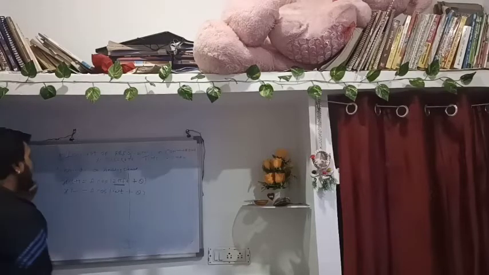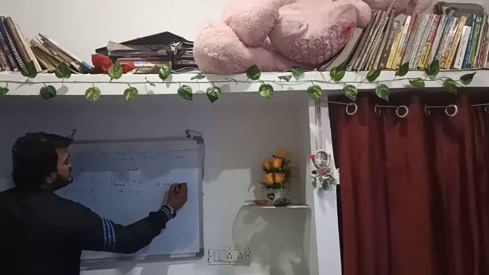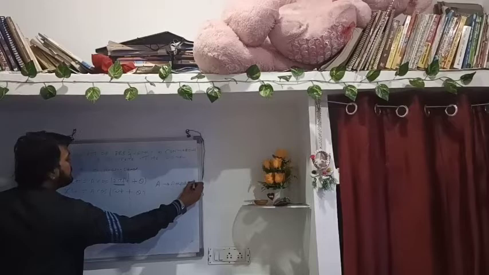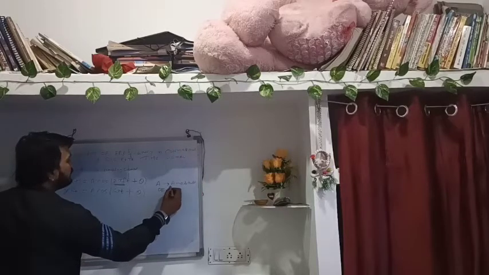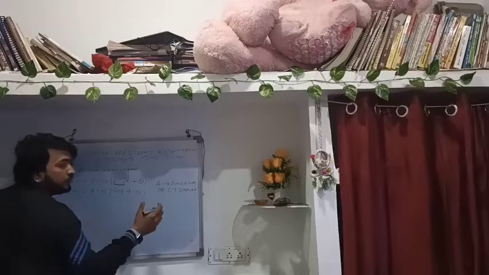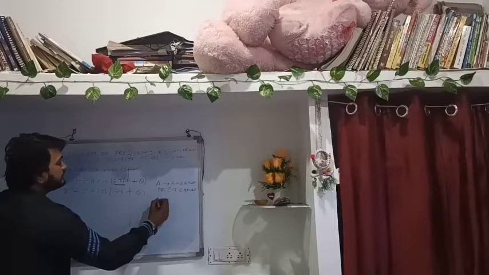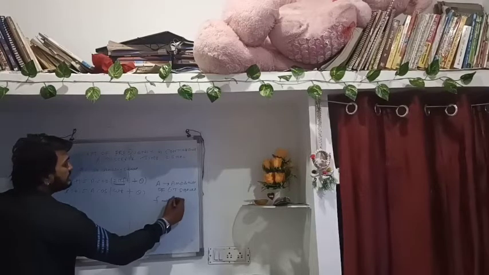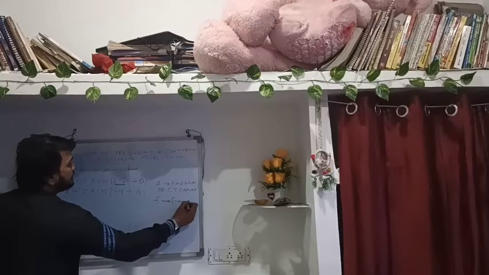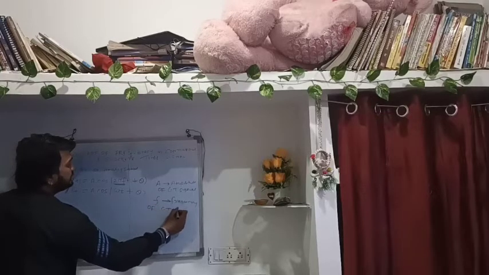Now here, A is the amplitude of the continuous time signal. CT in the short form means continuous time. f is the frequency of the continuous time signal.